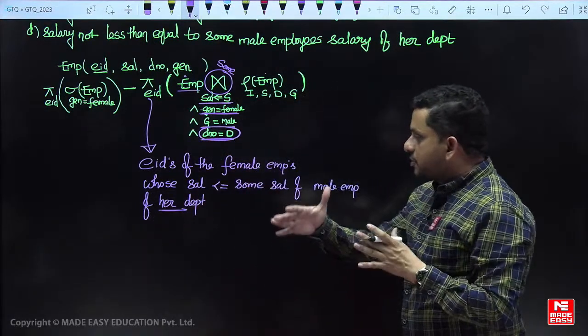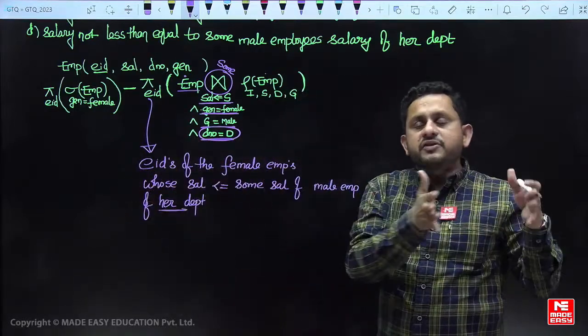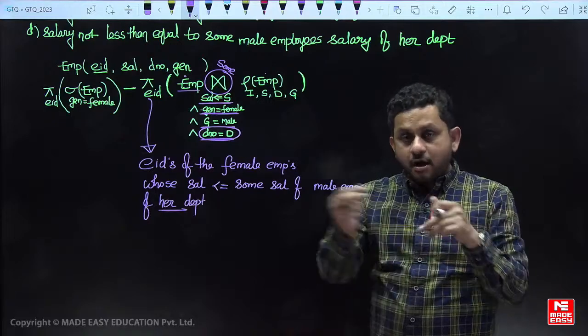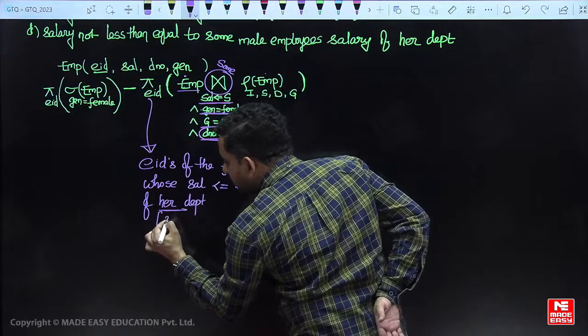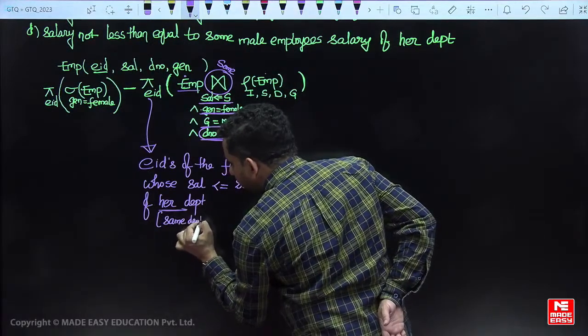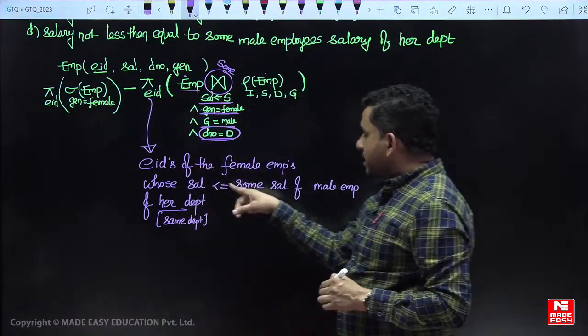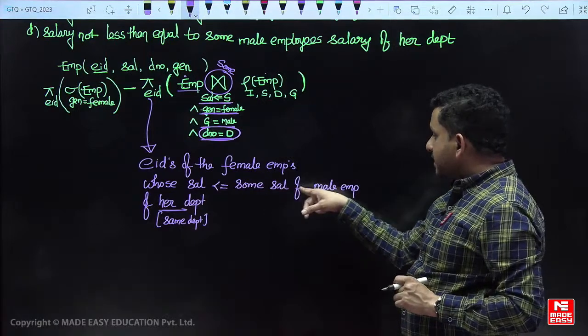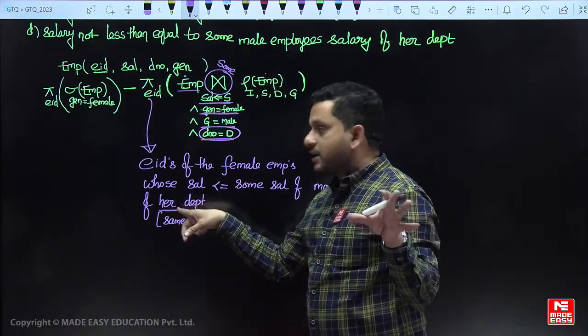For example, if department 2 is there, department 2 female salaries are compared with department 2 male salaries. So these are the female employees whose salary is less than or equal to some salary of male employees of their own department.